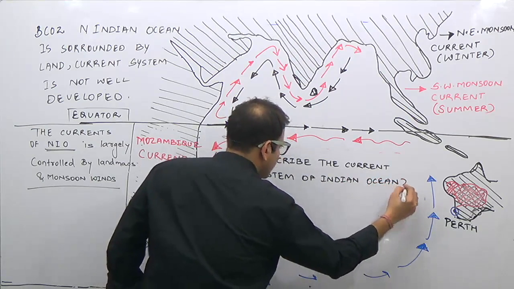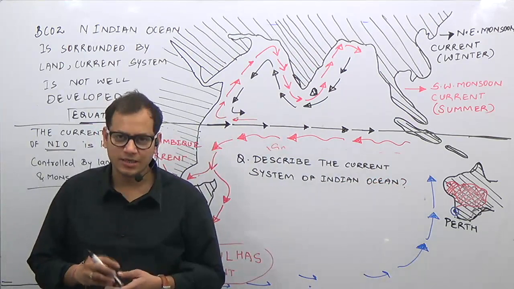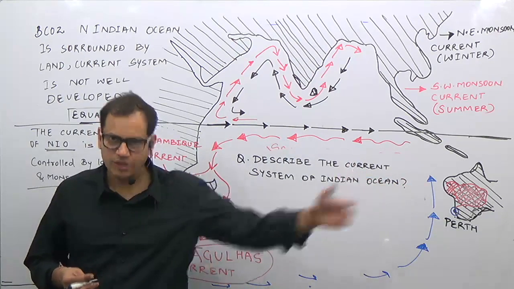In any such question, first write what an ocean current is. A definite direction of movement of ocean water is an ocean current.